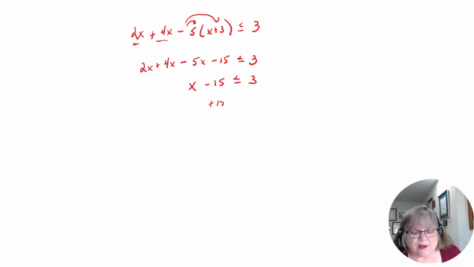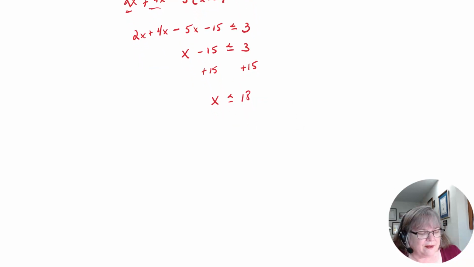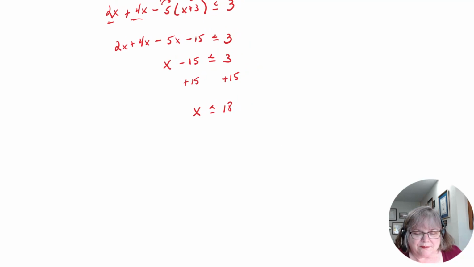So I do the opposite of subtracting 15, I add, and I must add 15 to the other side to be legal. So x is less than or equal to 18. And that gets everything done. We don't have to multiply or divide by anything anymore. So life is good. Now, this is inequality form.